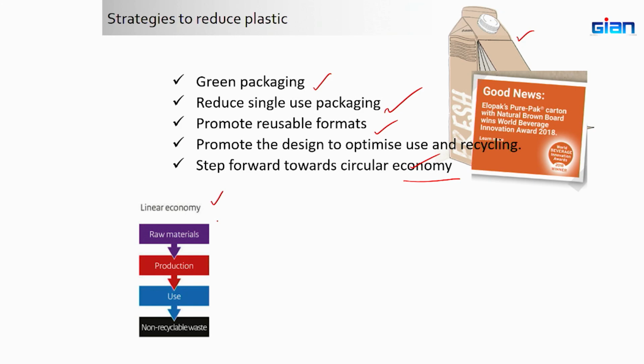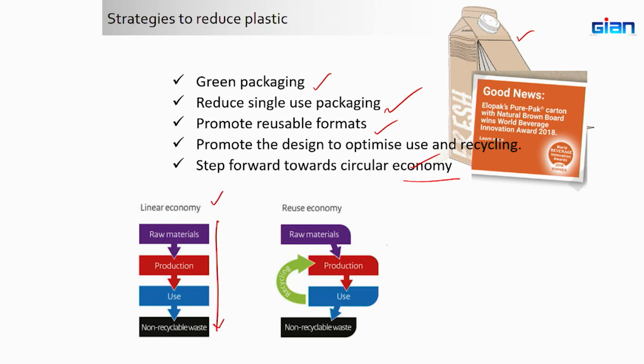Now the solution is the linear economy, correct? No. Linear economy was a single-line economy, right? This is again a repeat of the first or second or third lecture. A step advancing from linear economy to reuse economy, that means you are just recycling it.